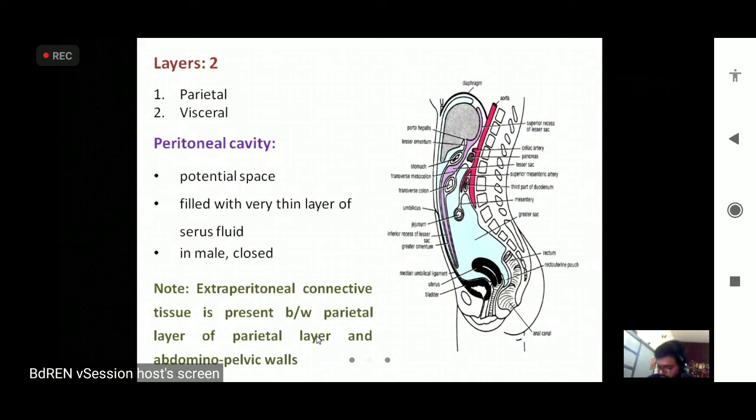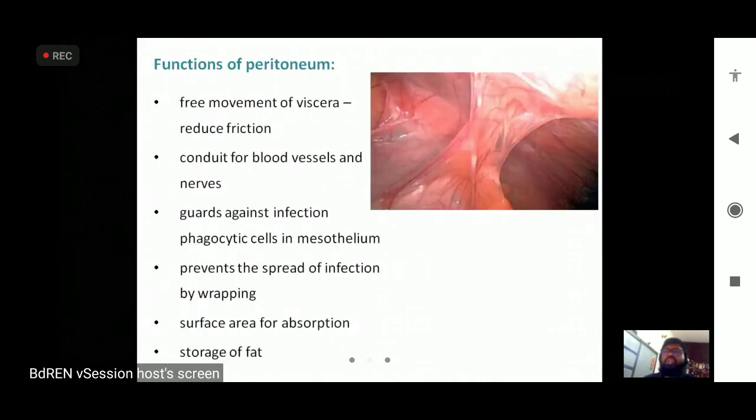Okay, next point to note: what are the functions of the peritoneum? First of all, it allows the free movement of the viscera. As I've told you, there is fluid between the two layers, so it helps in free movement of the viscera, like the lubricant oil in cars or motor vehicles.